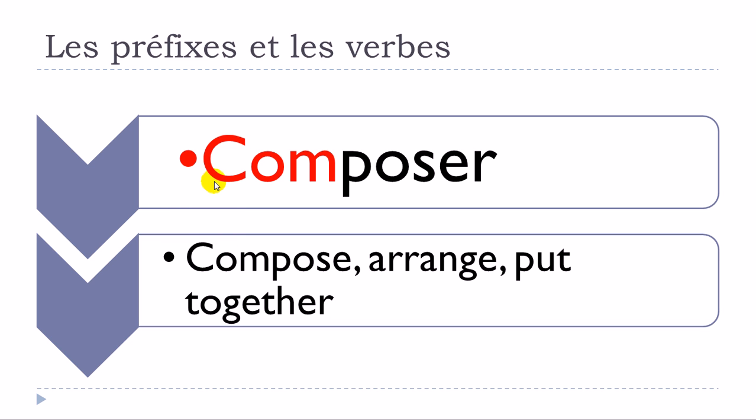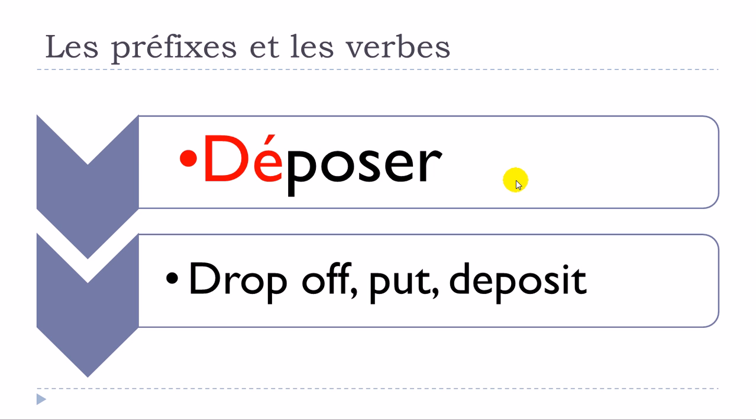So it's possible to add this com préfixe, composer. All right, and you've got here the translations of these verbs. It's also possible to add the prefix D, accent aigu, and you get déposer.